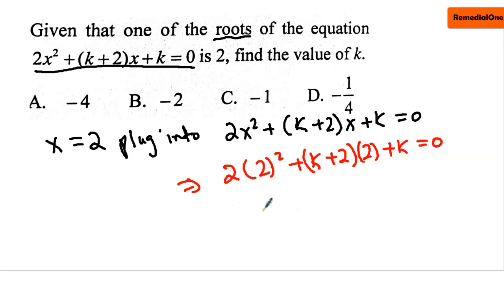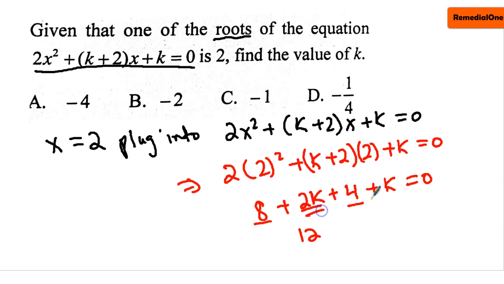So here we get 4, we get 8. Here we are multiplying this by this, so we get 2k plus 2, which is 4, plus k equals 0. So here and here give us 12. This and this give us 3k equals 0.